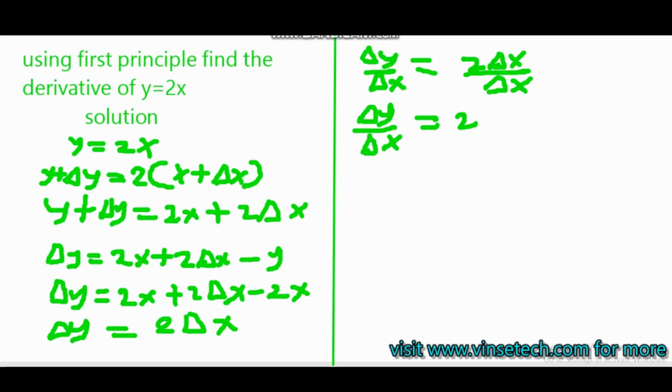Having said that, taking the limits as delta x tends to 0, we now have dy over dx is equal to 2. So this is your final answer.